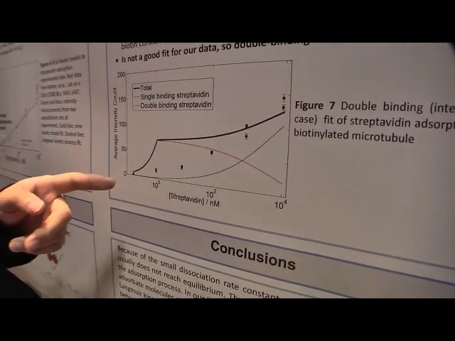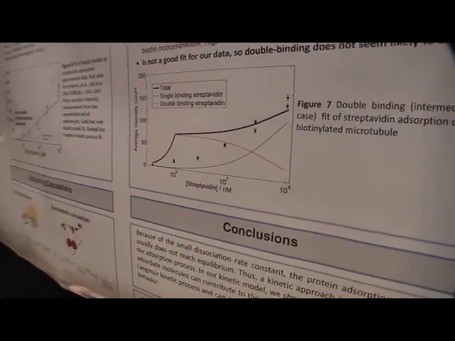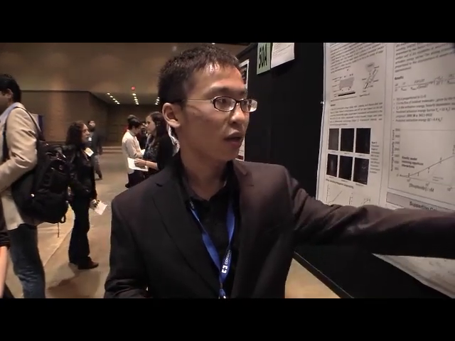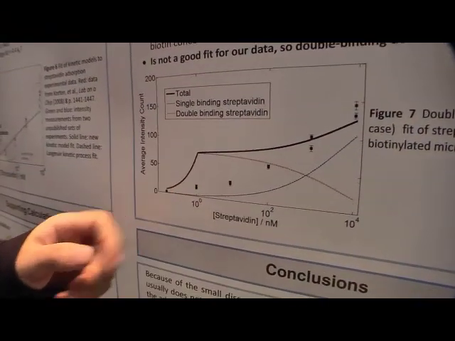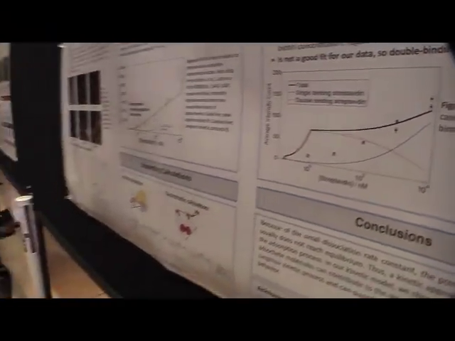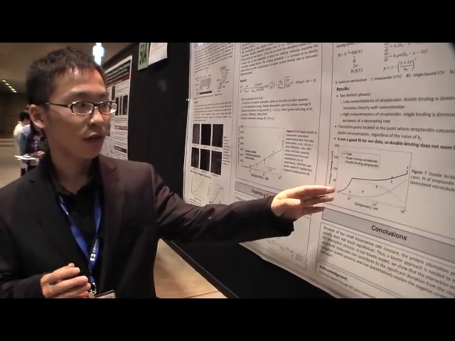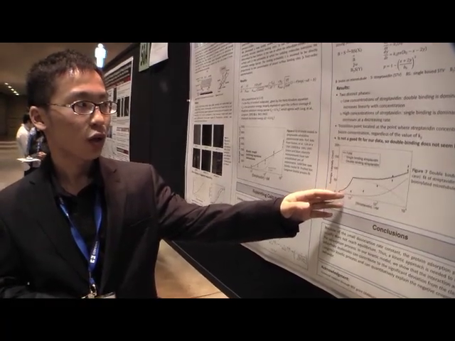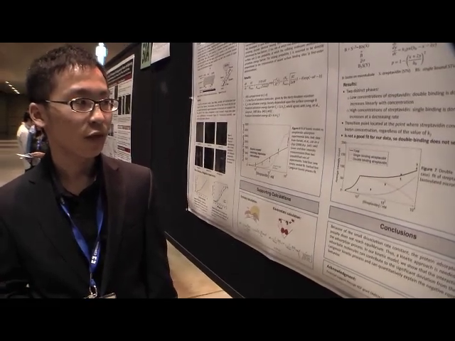The first phase is dominated by the double binding species, and the second phase is dominated by the single binding species. The turning point occurs when the streptavidin concentration is half of the biotin concentration. That may imply competition between single binding and double binding processes. From the fit, we see that it doesn't fit as well as the kinetic model, so it may not be a good explanation for our process.